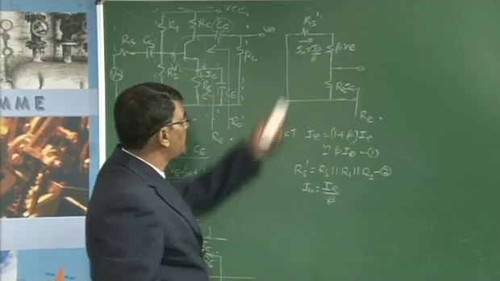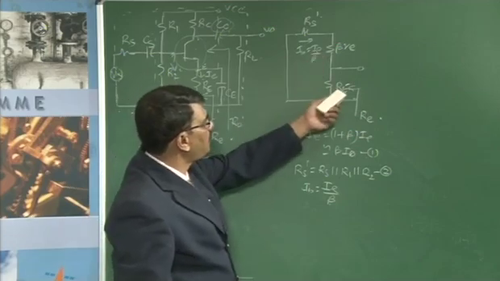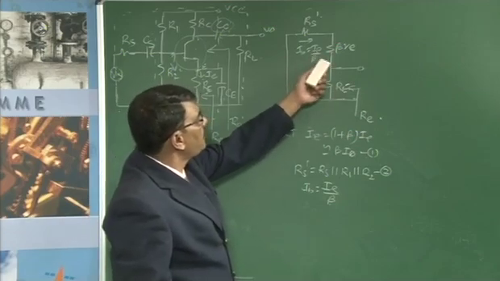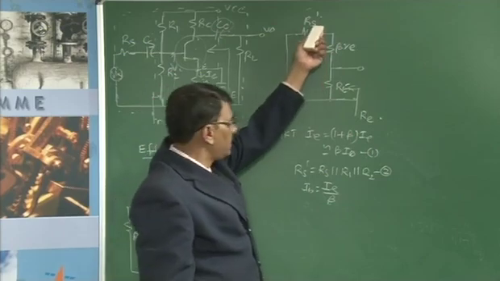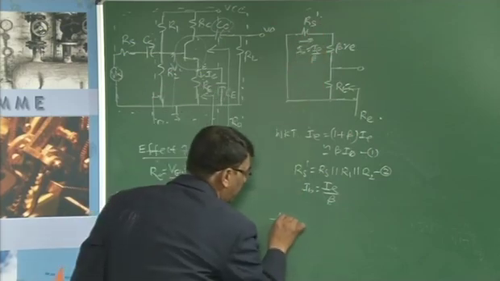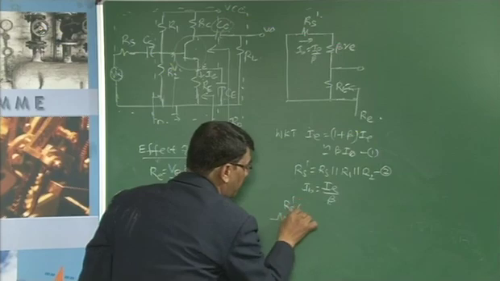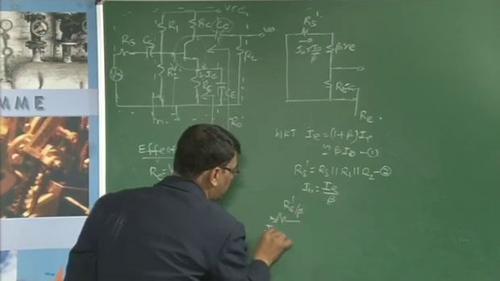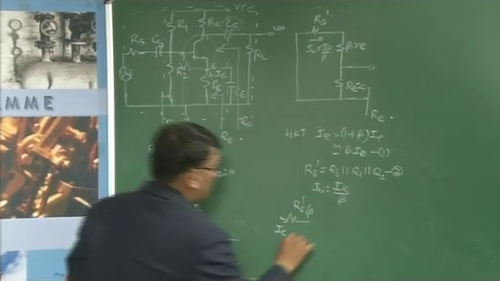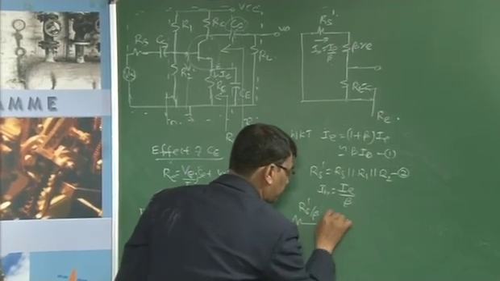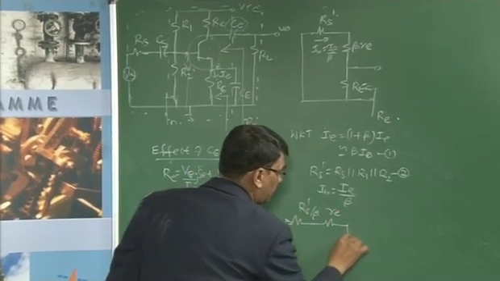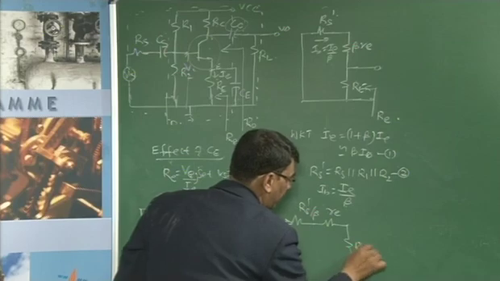You have embedded this beta value because I want the current flowing through that network to be I_E, so you have embedded this beta value into the resistance. Then that network becomes Rs dash by beta, hence the current flowing through this becomes I_E, and this resistance becomes r_e, then this resistance is r_e only.